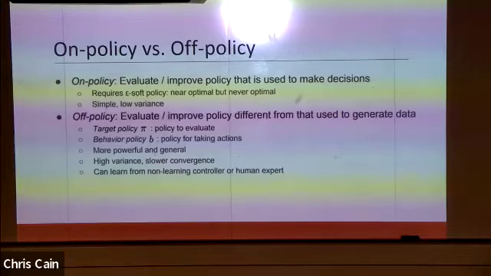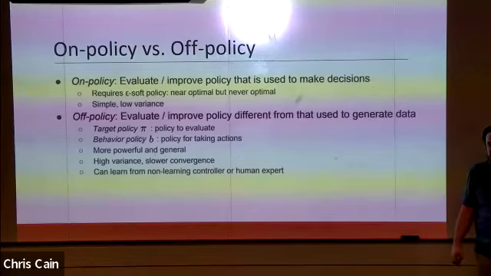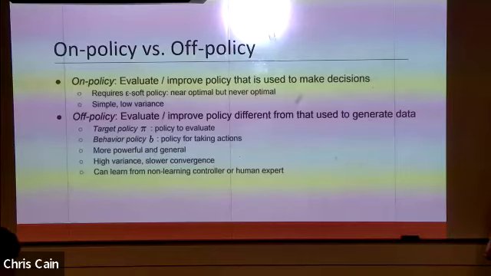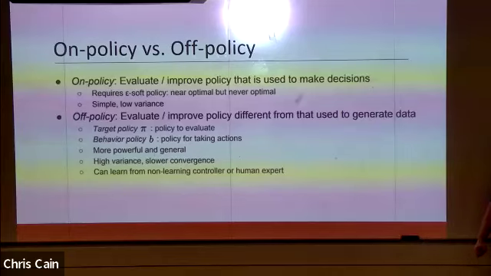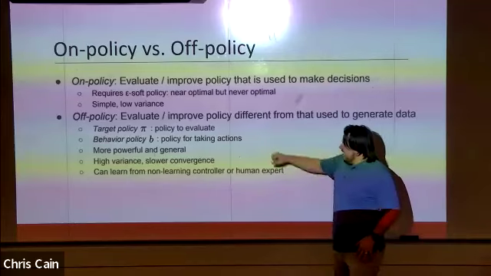Which seems really strange, but it's the concept of, I want to, in the future, know what the best decisions are for myself. So I'm going to take actions that I know are suboptimal with the purpose of learning what is optimal. I know what I'm doing is a mistake, according to the knowledge that I've gathered throughout my life. But I'm going to purposefully make that mistake so that I can learn from it. That is the behavior policy.